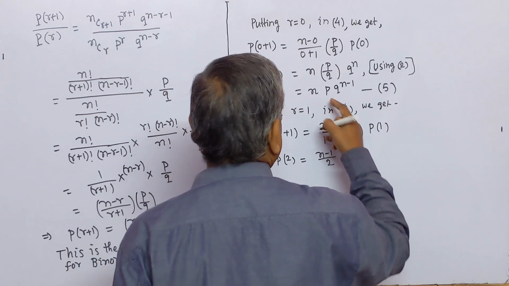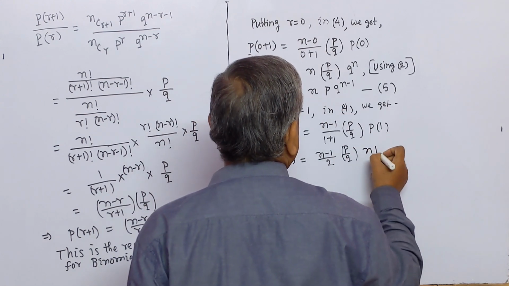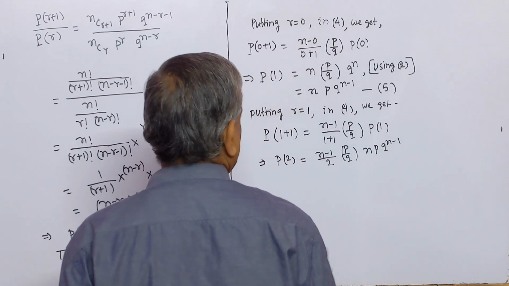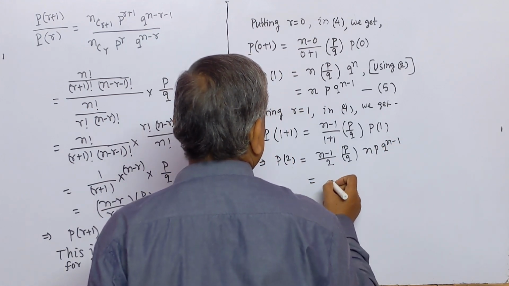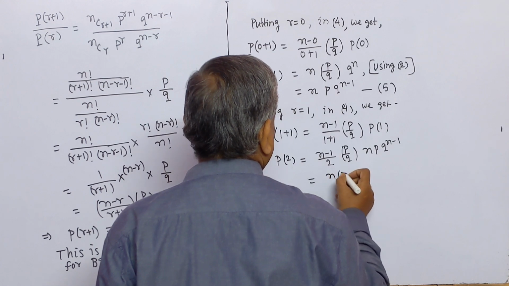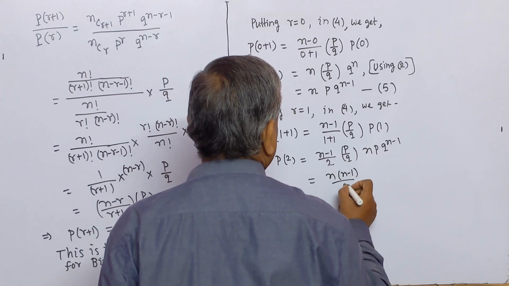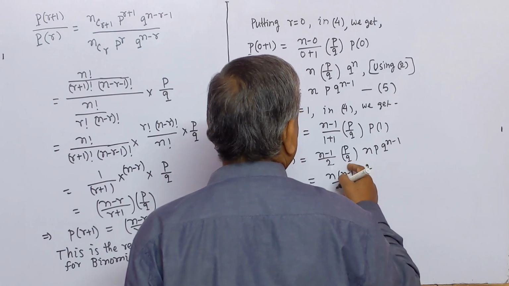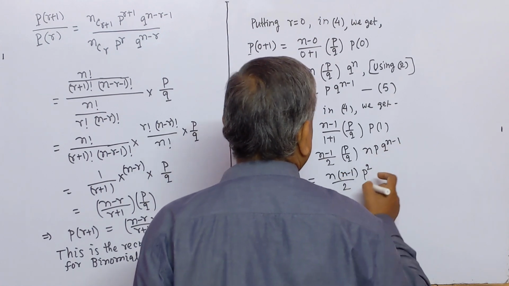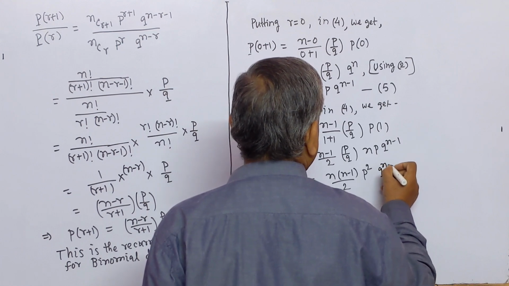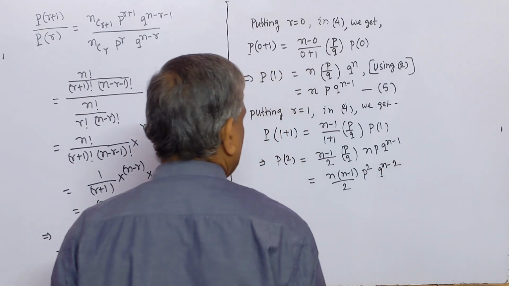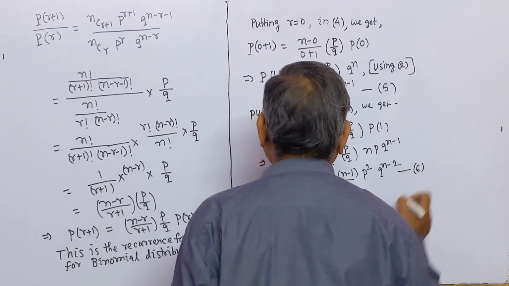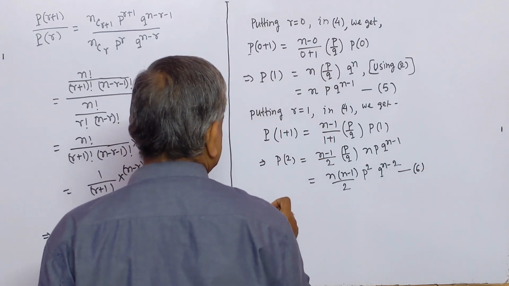Here P(1) is n p q^(n-1), and this will be equal to n(n-1) by 2 p^2. Here q to the power n minus 1 means q to the power n minus 2. This is number 6.